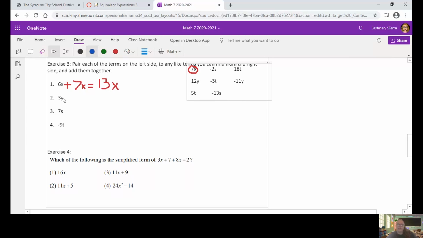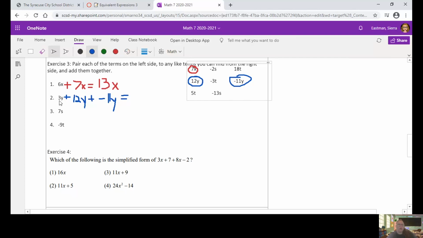If I tried that with 3y, first I need to find what I'm going to be adding. Let's look at all of the terms here with a variable y. There's 2. So I want to add 12y. And then I also want to add a negative 11y. Okay, even though that negative is there, we're still adding.